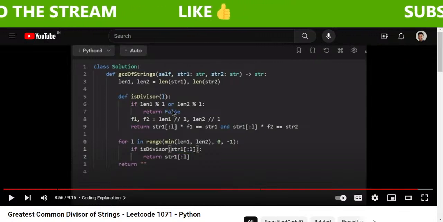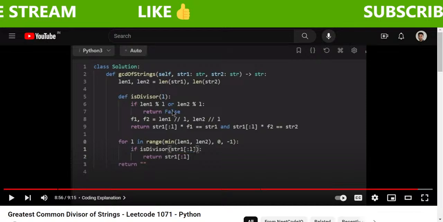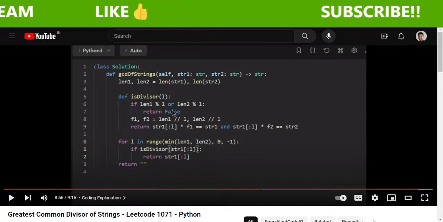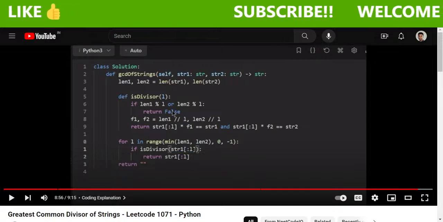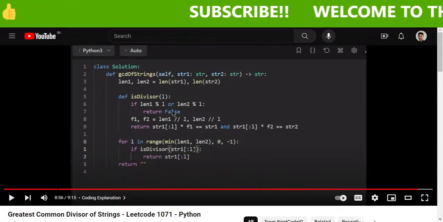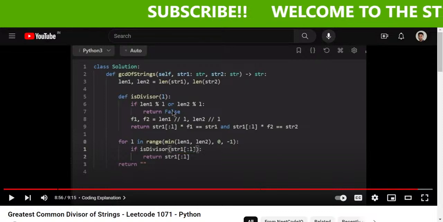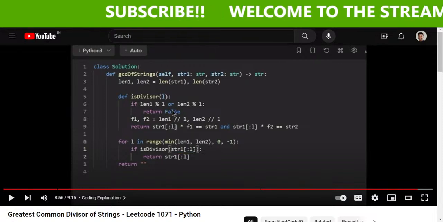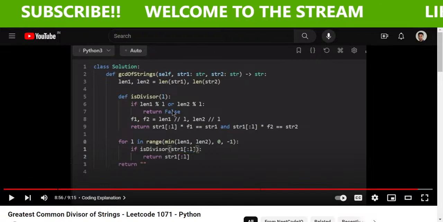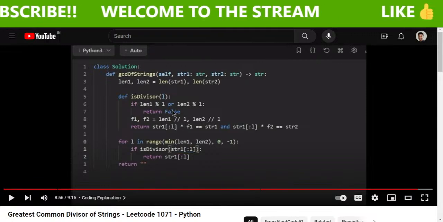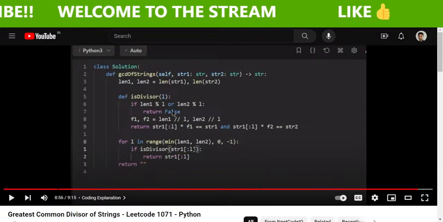So that means if it is not dividing, send it back. That's good. Next, he has taken f1 is equal to len1 divided by L, and f2 is len2 divided by L. Okay, he has divided both of them. Can he divide it completely? That's what he was checking.